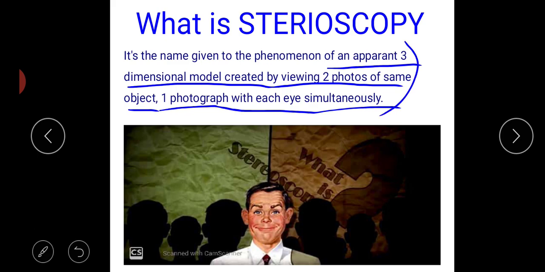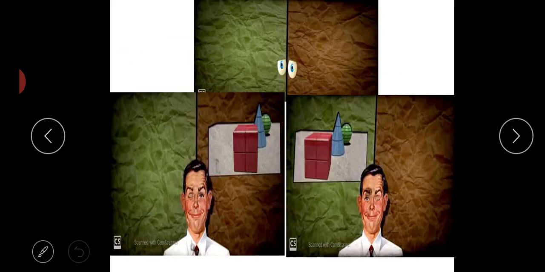To understand this definition, let us take an example. Human beings have two eyes which are one beside the other, and they are placed at a certain distance. Each eye is able to see the same object, but at a slightly different angle. You'll need to imagine this.